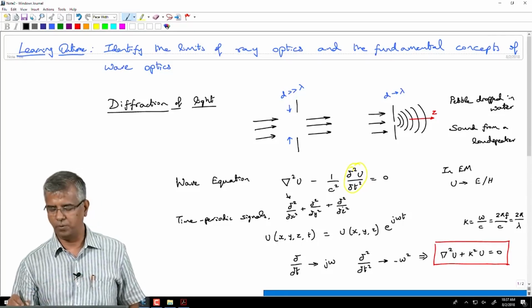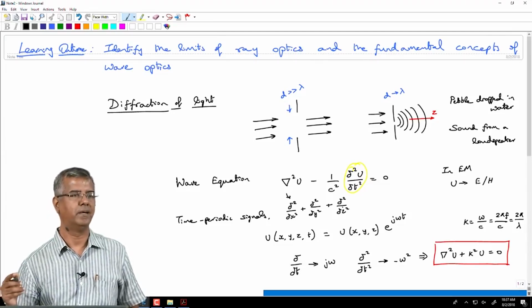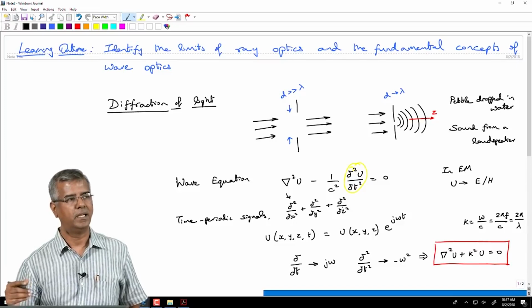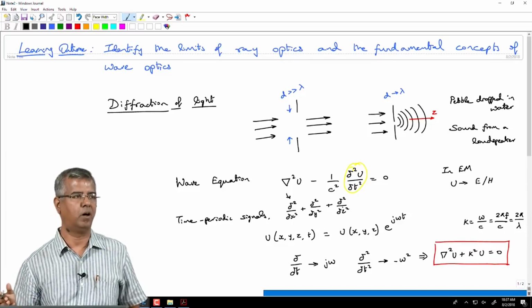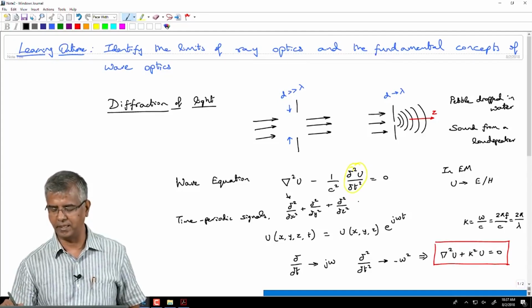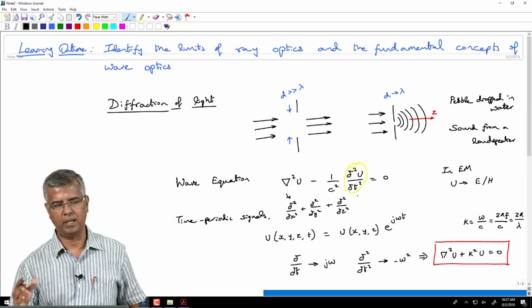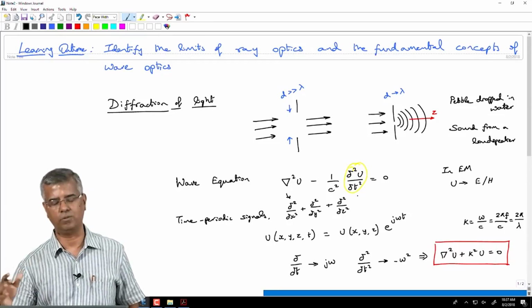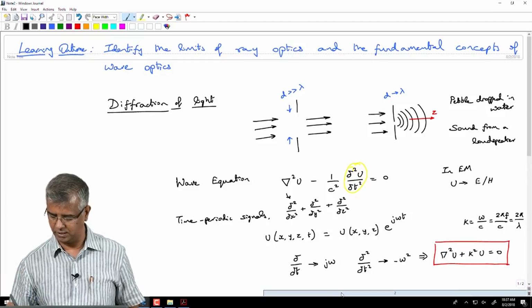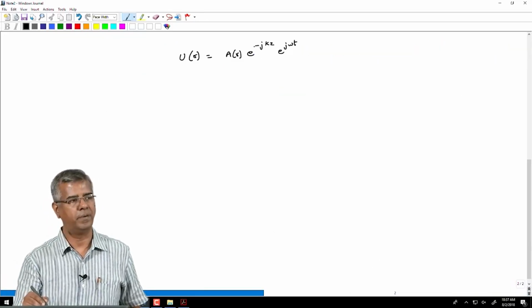Now, if I say it is propagating along z with very little loss, then for the z propagation there is only an accumulation of phase in that term, and that is what we get over here.